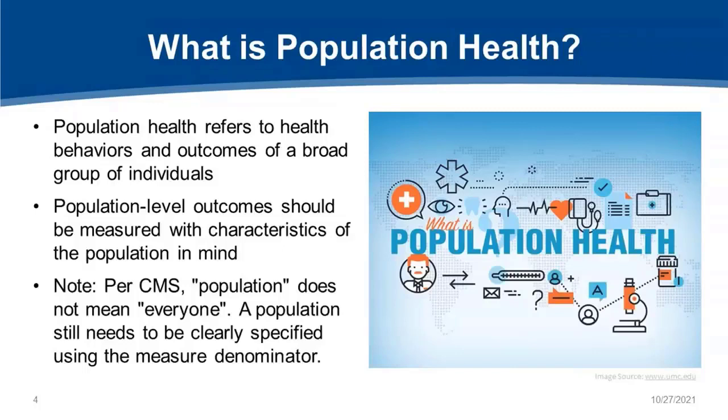And those outcomes should be measured with the characteristics of that population in mind. For example, a population might be all Medicare beneficiaries 65 and older, or it could be defined more narrowly, like Medicaid and/or Medicare beneficiaries with severe mental illness. When tracking outcomes for either of those populations, it's important to consider the unique characteristics that apply to them.